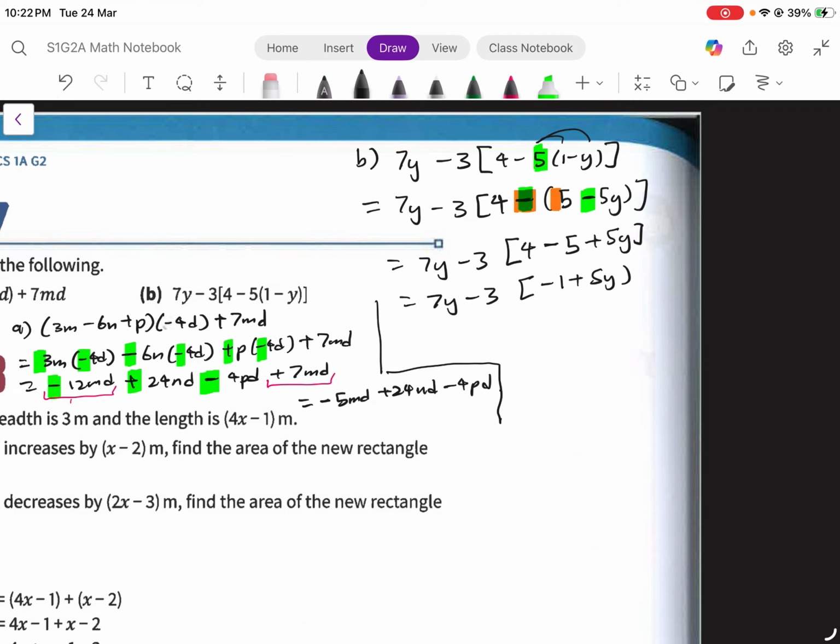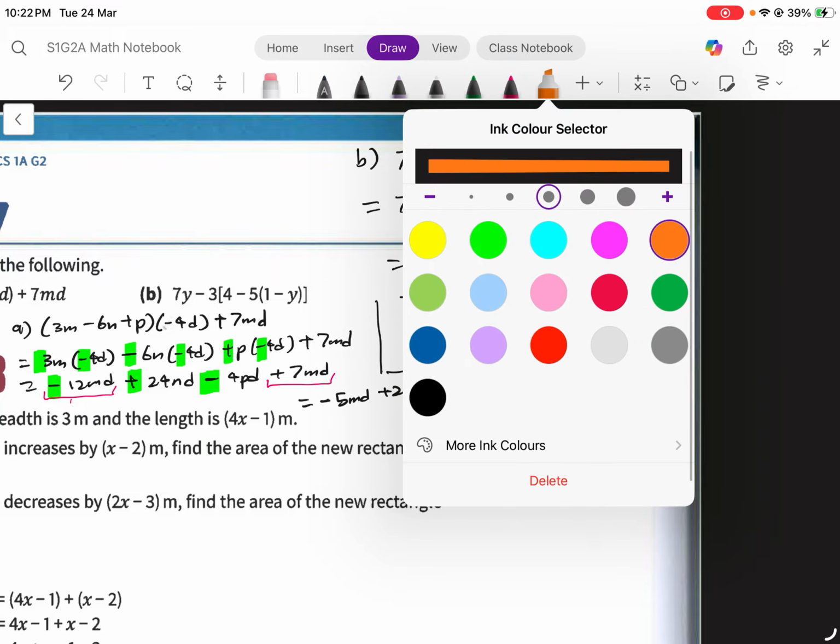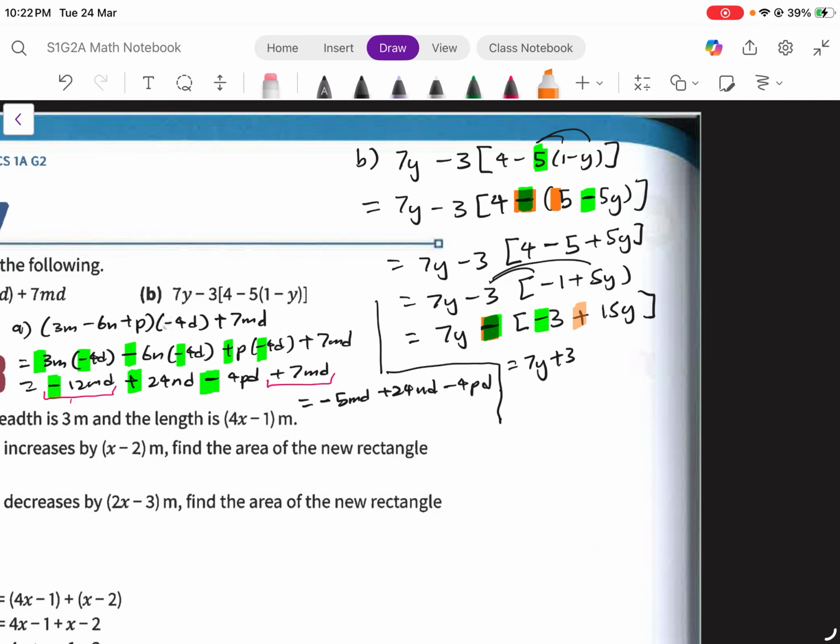Okay, now we have to redo the thing again. So multiply the 3. If you're not sure, multiply the 3 first. Okay, so 3 times minus 1 is minus 3. 3 times 5 is 15y. Okay, then your sign comes in again, minus minus plus, right? 7y plus 3, and then minus plus, minus 15y.